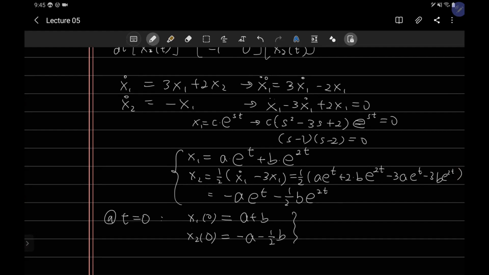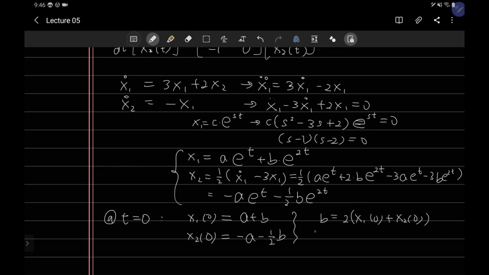From this we can immediately find b. If we add both of the equations together, then the a will cancel, and only half of the b will be left, and on the left hand side we would have x1(0) plus x2(0), and we can just move this over and we would have this one.